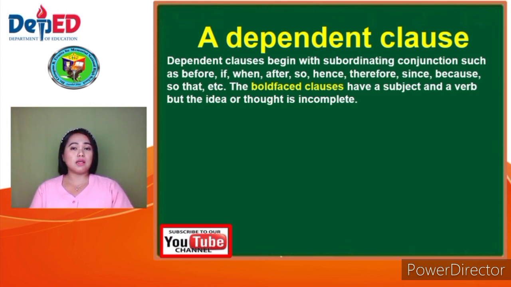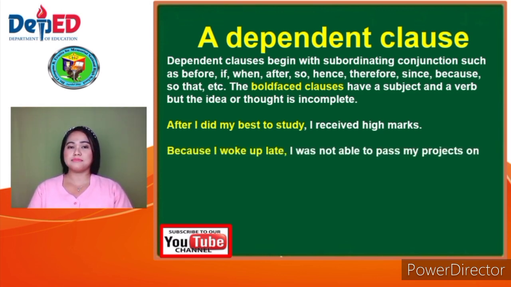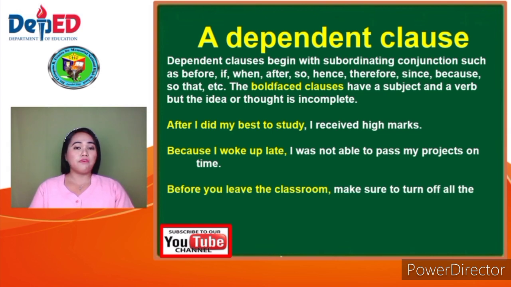The bold-faced clauses have a subject and a verb, but the idea or thought is incomplete. After I did my best to study, I received high marks. Because I woke up late, I was not able to pass my projects on time. Before you leave the classroom, make sure to turn off all the lights.